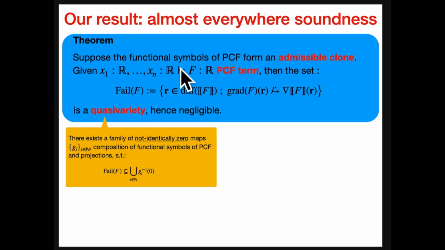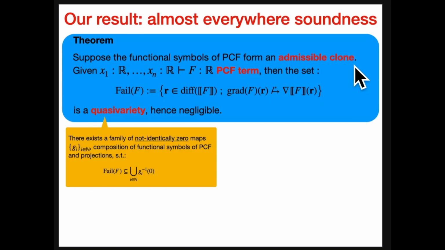some hypotheses that must be satisfied by these functional symbols, and this gives us exactly our third improvement with respect to Jost's theorem, which is to precisely characterize which are the hypotheses of your language in order to have this negligibility property, which we identify in the notion of forming an admissible clone.